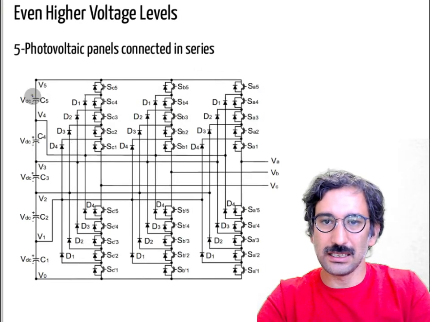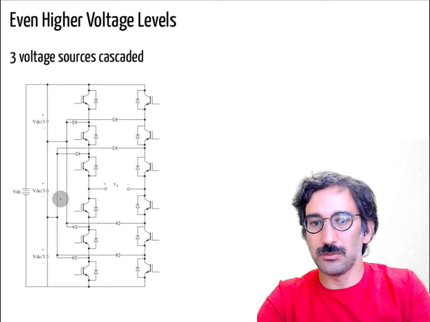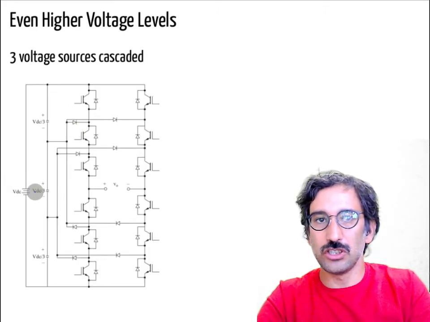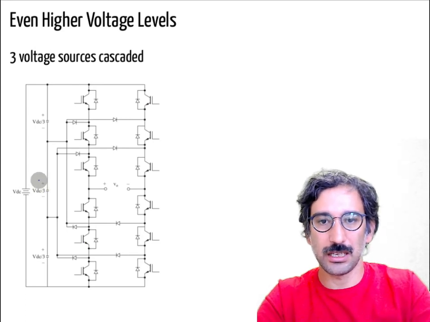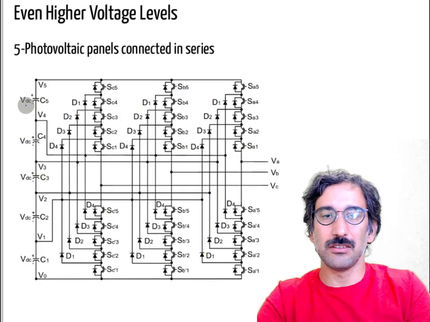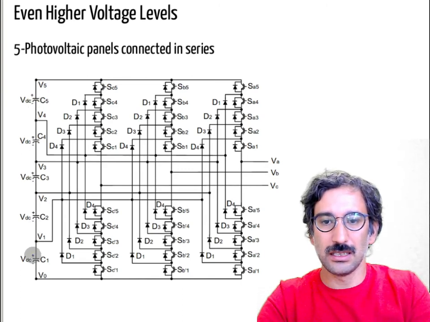An application of that is that you don't have to have a large voltage source and divide it into capacitors. An application can be 5 photovoltaic panels, each generating a low voltage, all connected in series.